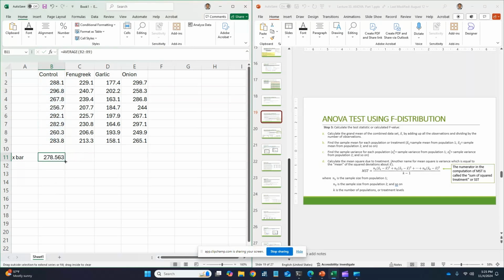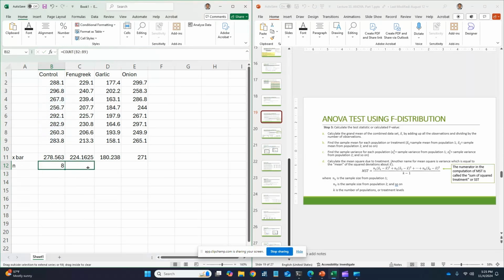And when I drag this, I'm gonna get the average of all these numbers here, here, here, and here. And then I'm gonna need the count, that is N1, N2, N3, N4. And for that, I just count the number of observations.